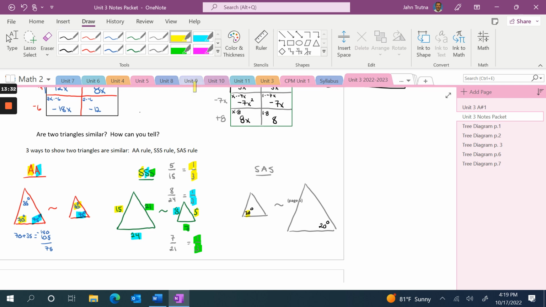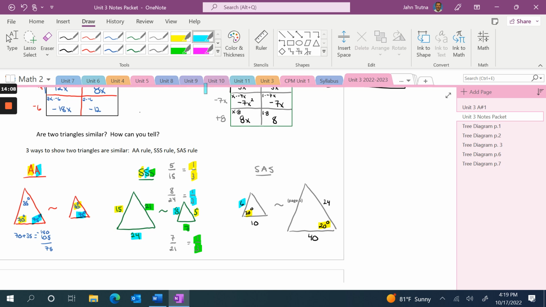Notice there's one pair of congruent angles, and you have to have information about 2 of the 3 sides of the triangle, 6 and 10, and the angle has to be included in between the 2 sides. 24 and 40. Okay, and then for side angle side to work, the ratios of the sides have to reduce down to the same amount. They have to be equal.